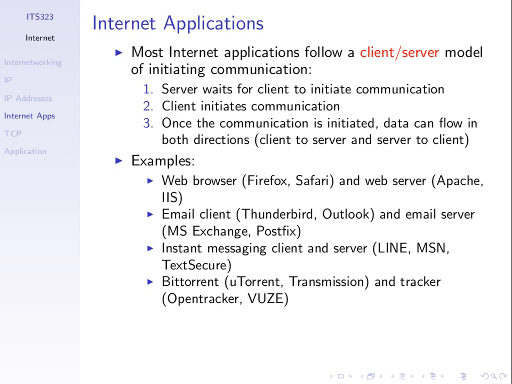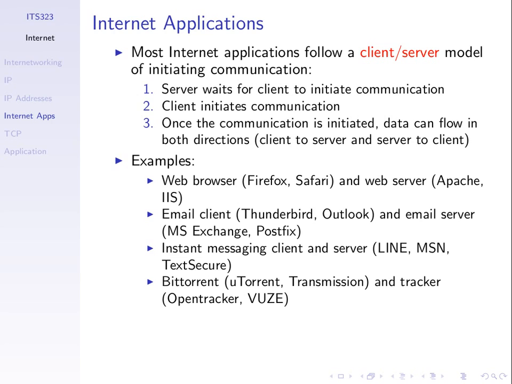Email is another instance, not web access email, but via a standalone email client, like Thunderbird or Outlook. In companies, they usually use their own email client. It sends an email to an email server. So the server sits there and listens, and it's the client that contacts the server. Even in some cases for instant messaging, you have a client running on your computer or on your phone.